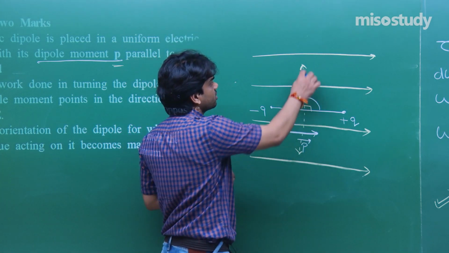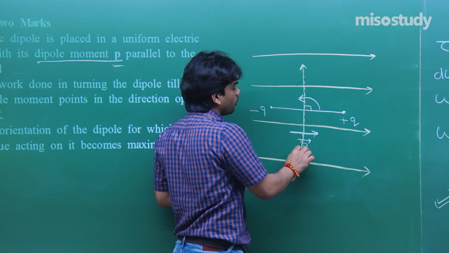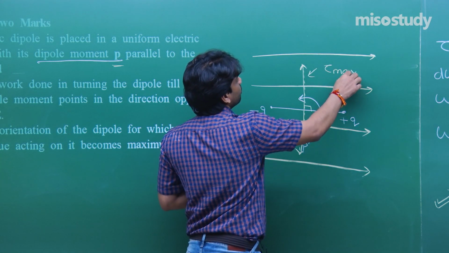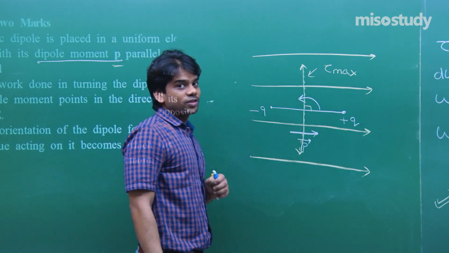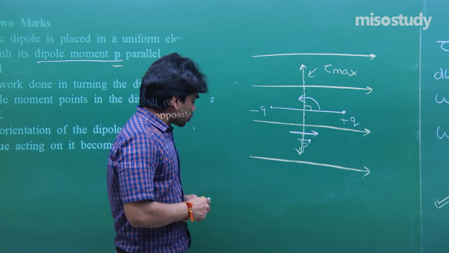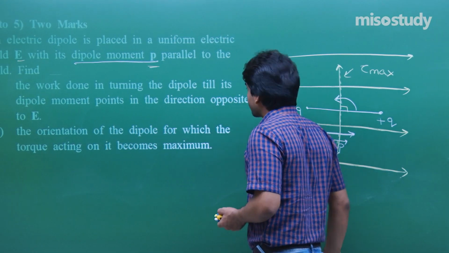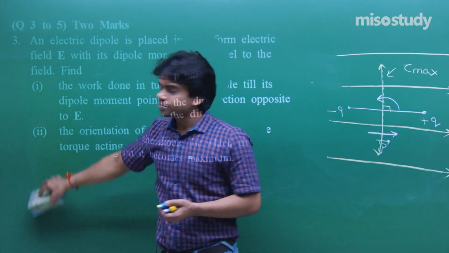So this is the orientation of the dipole when the torque acting is maximum, at an angle pi by 2, because we are measuring the angle along the sense of electric field. So this was all about torque. Let's go to the next question. Let me clear the board.